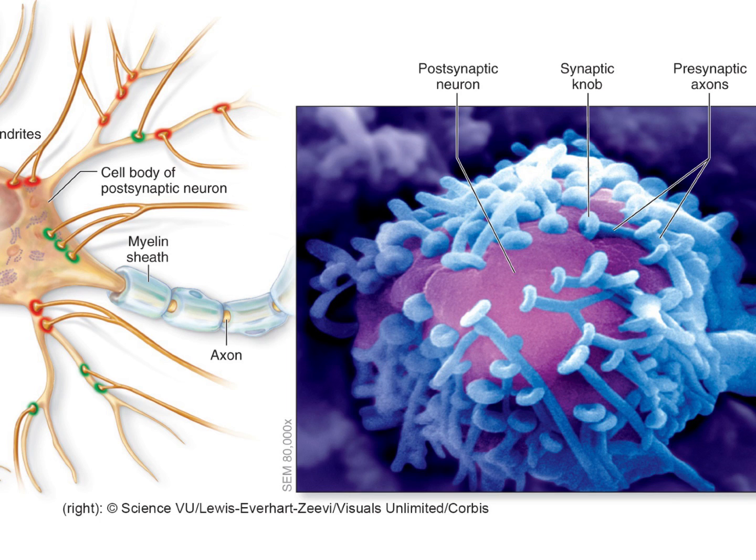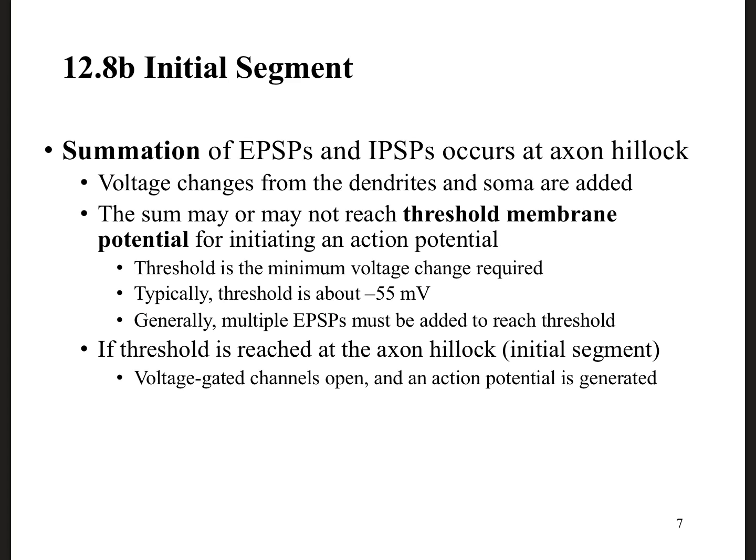And determine if and when they ever reach threshold. Some are inhibitory, some are excitatory, back and forth, up and down. Eventually, we reach a point where threshold is met. That is called summation, right? Of the EPSPs and the IPSPs. And that happens at the axon hillock, or the initial segment. Okay?